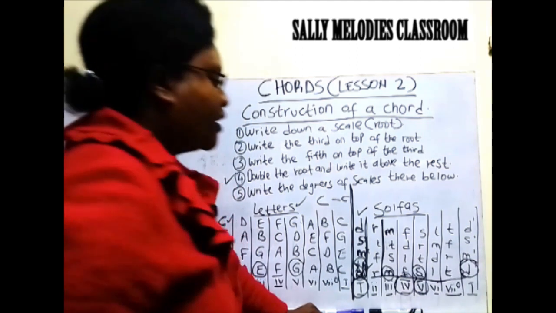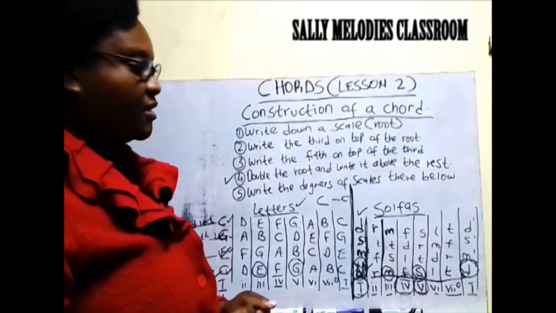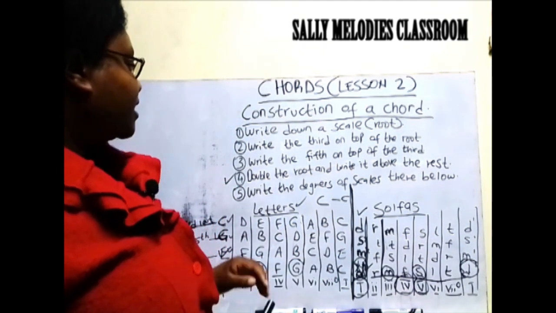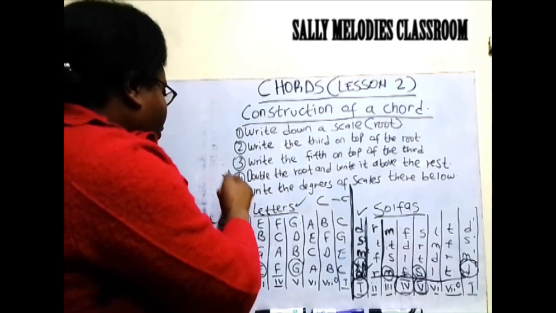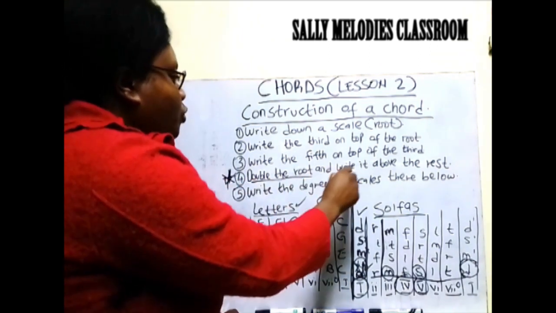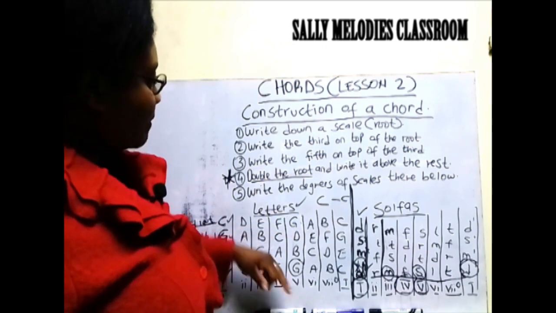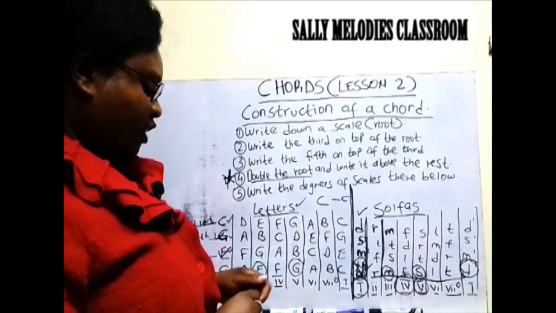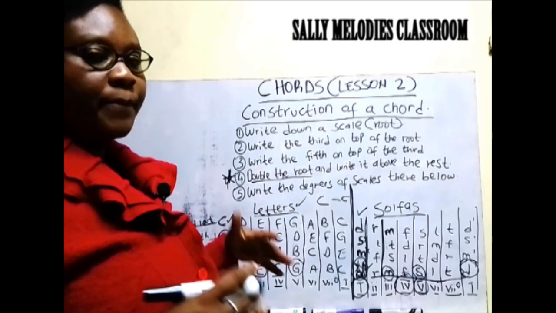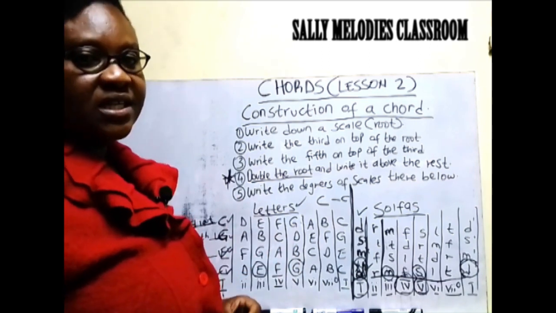And then we have a diminished chord here, which is chord 7. There is no difference. The only difference is number 4, whereby we have doubled the root and we have written it above the rest, so that we can get at least a complete chord of 4 parts singing.